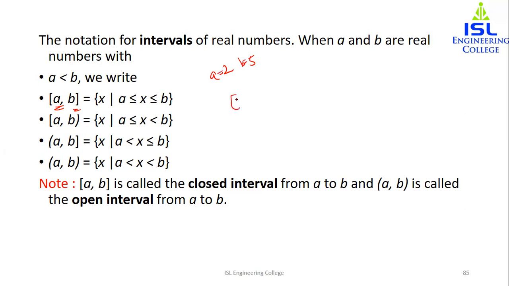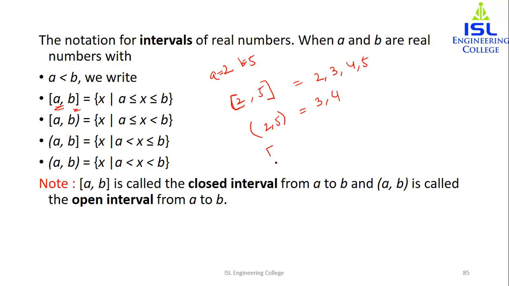If we write square bracket 2 comma 5, it means all the numbers including 2 and 5: 2, 3, 4, 5. The next one is rounded brackets 2 comma 5. In this case, we don't include 2 and 5, we just include the numbers in between, so it will be 3, 4.